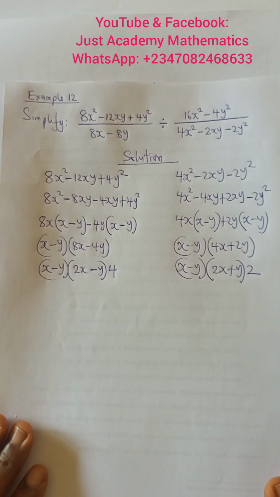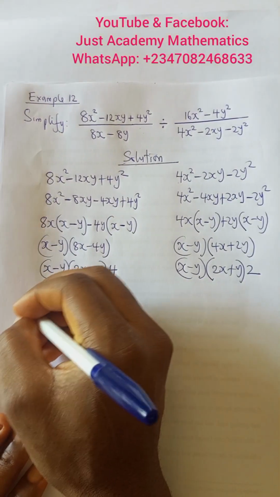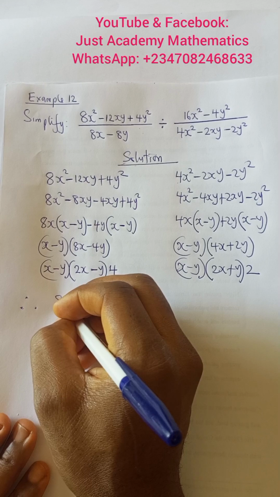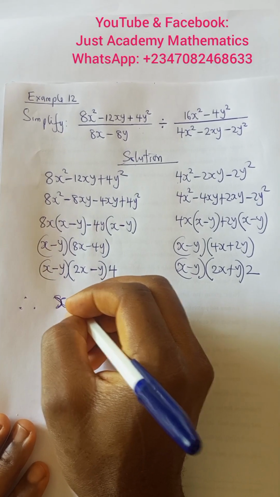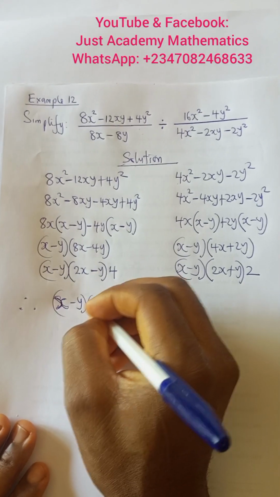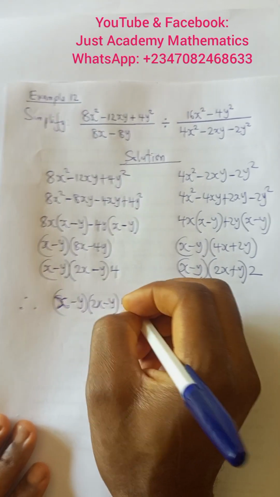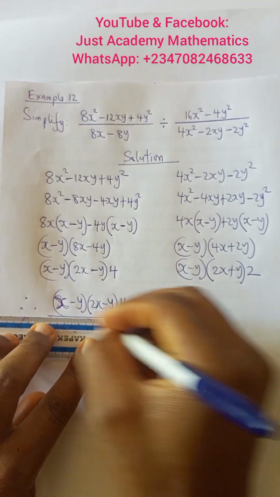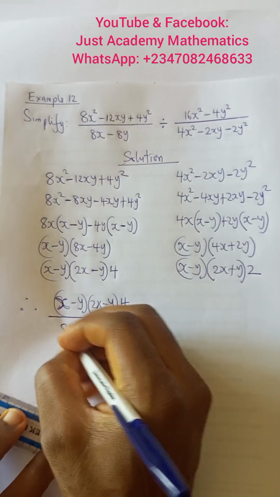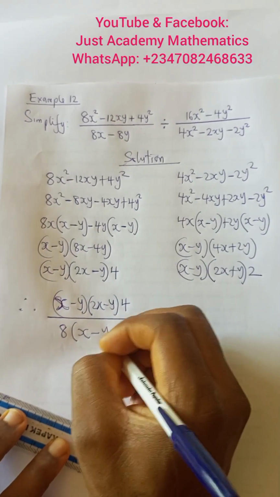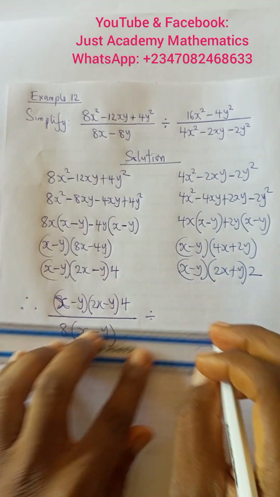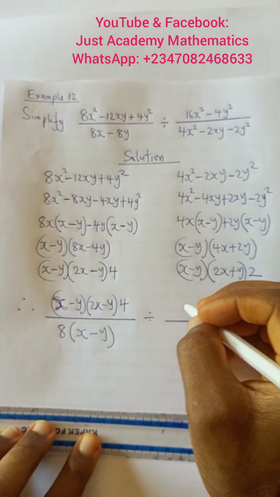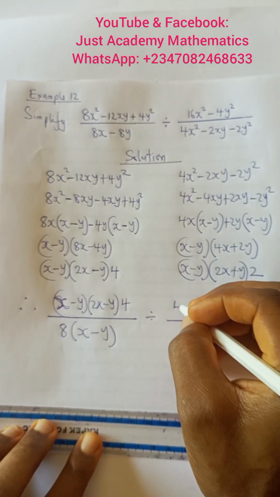Does that make sense now? Now let's put it there. Therefore, this up here means x minus y times 2x minus y times 4 over, this one means 8 is outside, remaining x minus y, divide by, 4 is out.